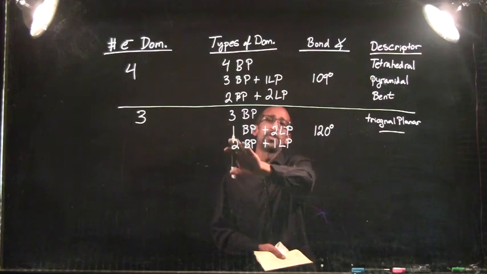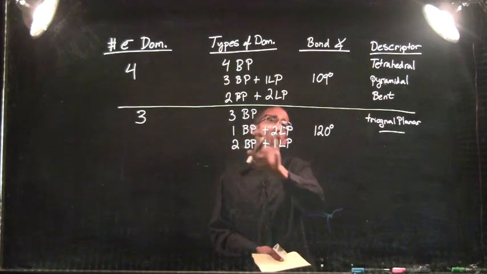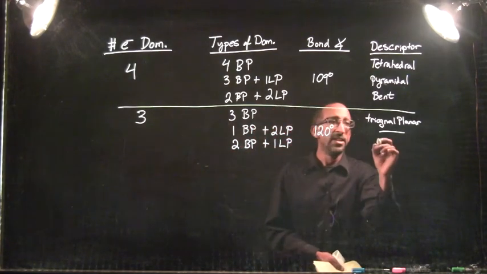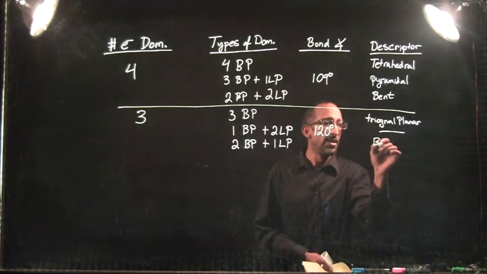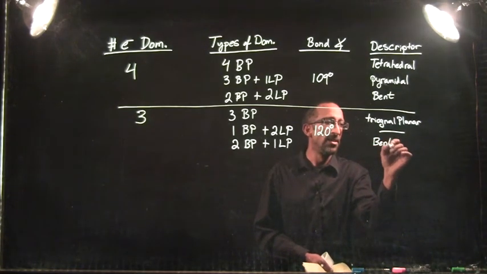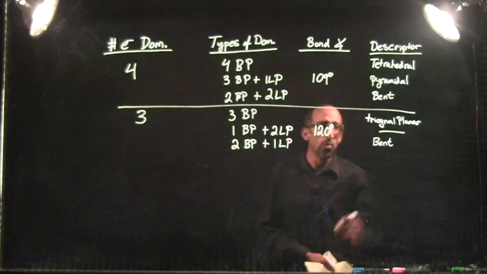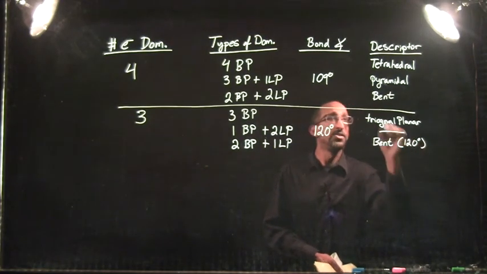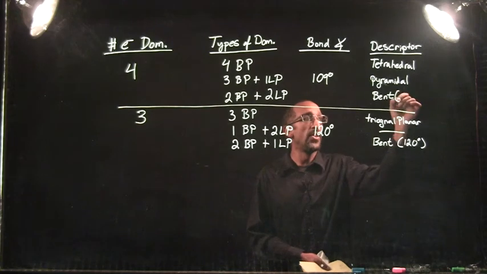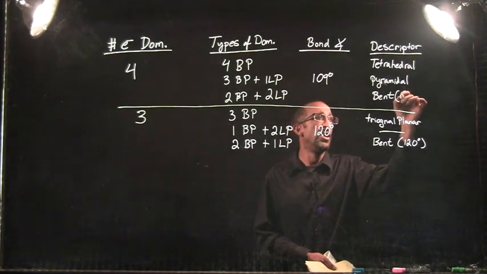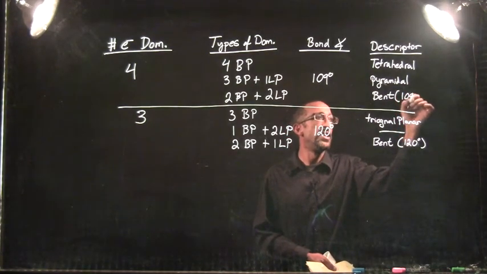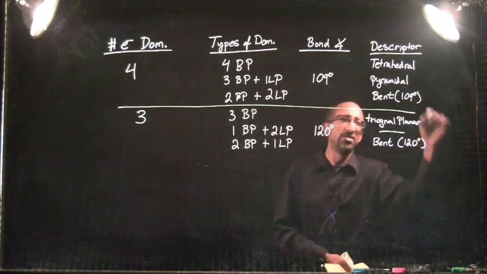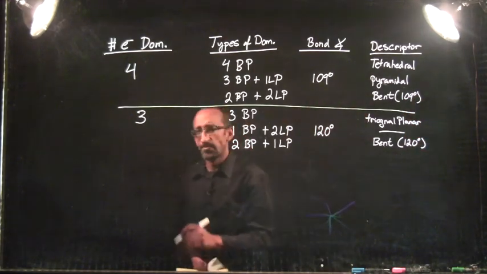And if we encounter a 2 bonding pair domain and 1 lone pair domain, that would give us a bent geometry with 120 degree angles. This bent geometry up here for our 4 electron domain scenario had 109 degrees. So we can use this descriptor in both situations.